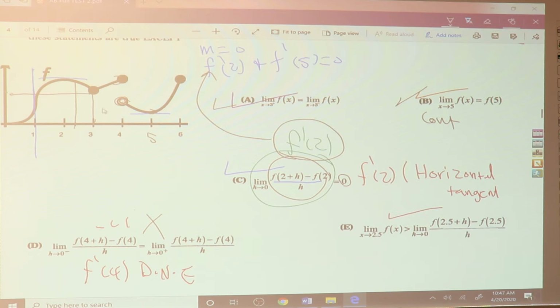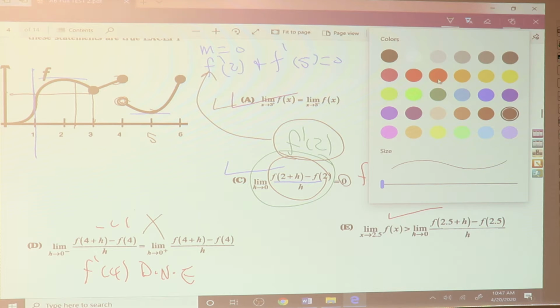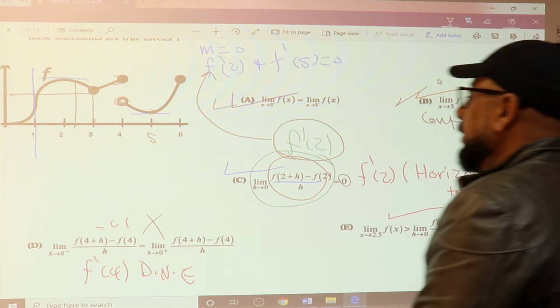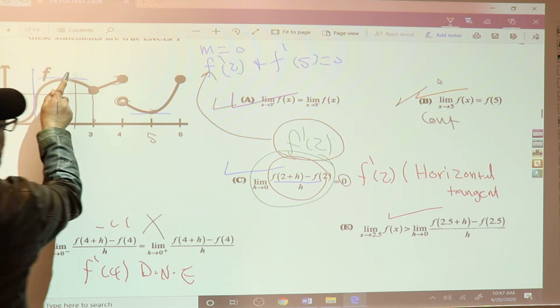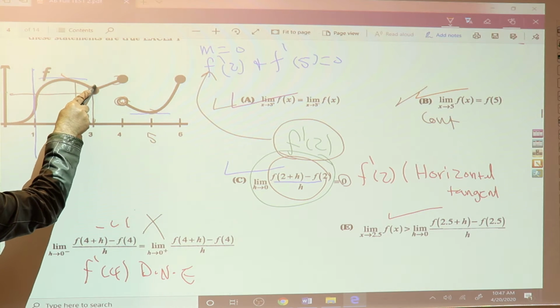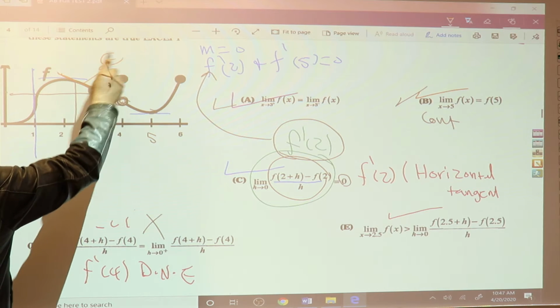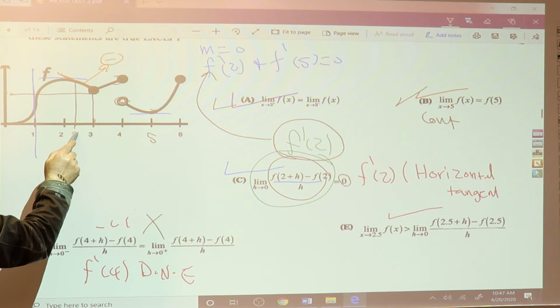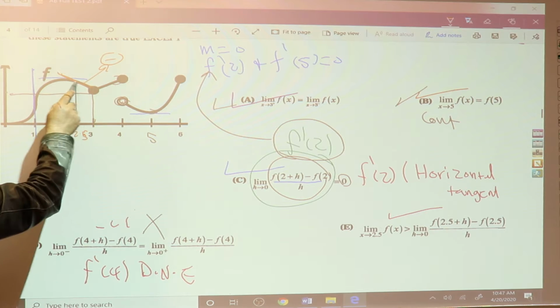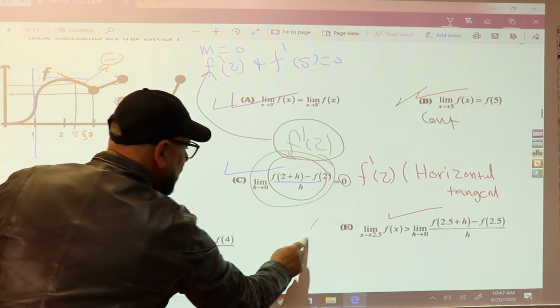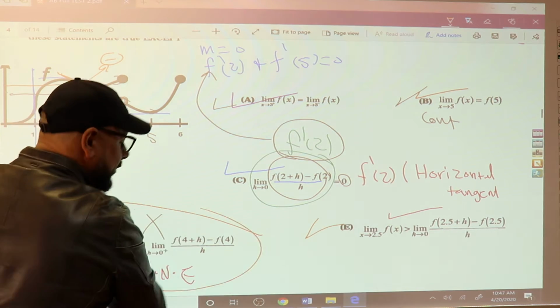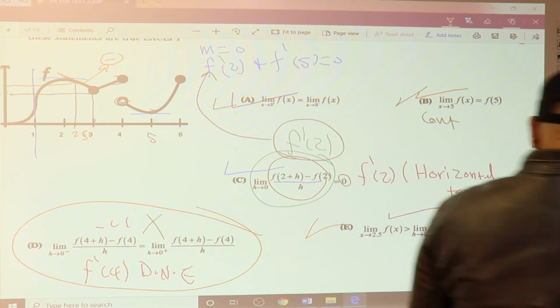You go from 2.5 up to the curve. But for the derivative, remember, the derivative means slope. First derivative means slope. The slope has a negative value. And the limit at 2.5 has a positive value, which is true. Then my answer is D. Okay.